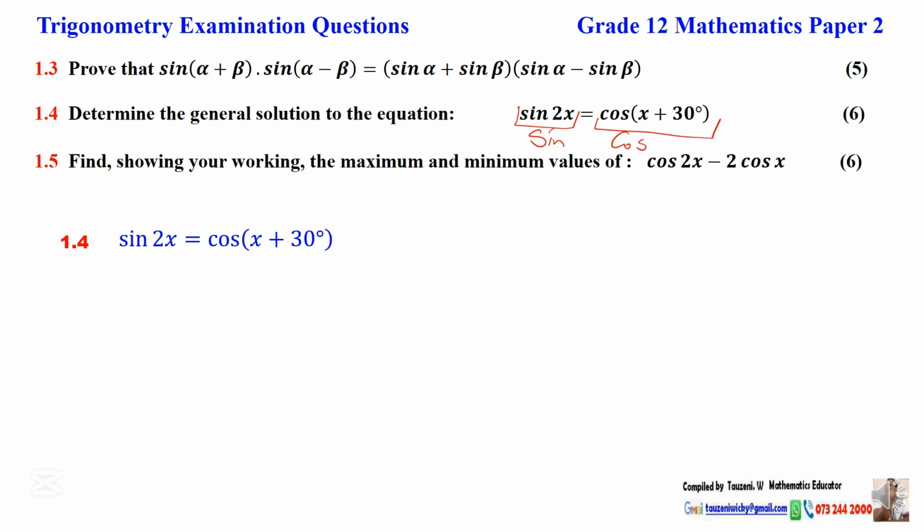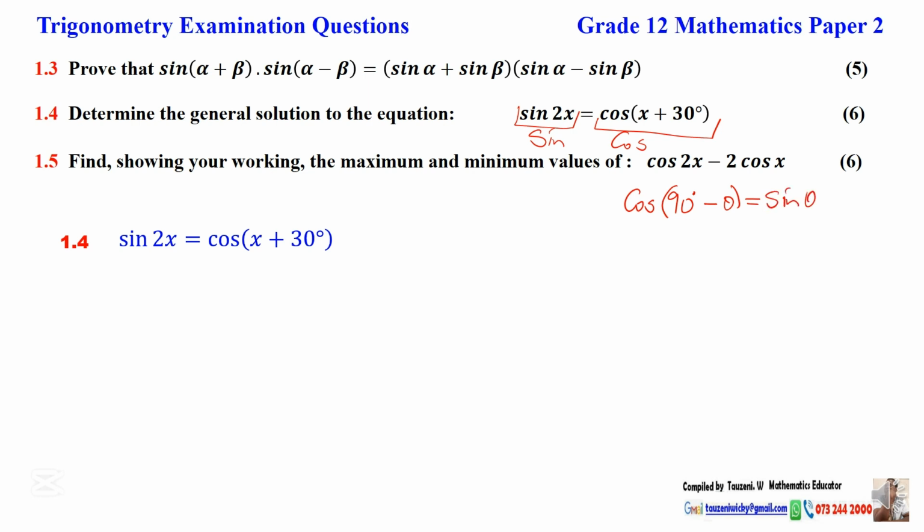So how does the idea of cofunctions work? The formula is the cos of 90 degrees minus theta is equal to sine theta.